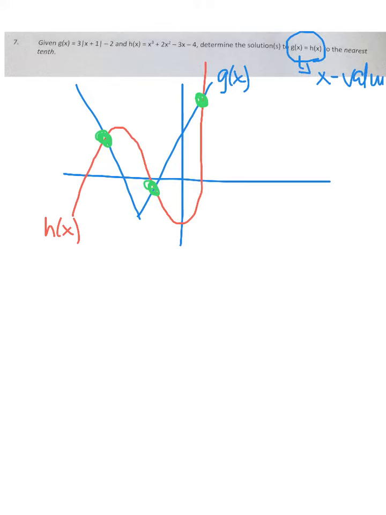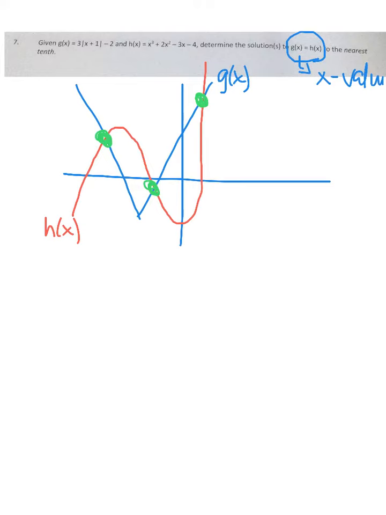Okay, so if we're looking for the first intersection point, your cursor should be blinking somewhere around here to the left of this intersection point. Then you're going to hit Enter. After you do that, move your blinking cursor to the right of the intersection point, maybe somewhere right around here. And then you hit Enter twice.